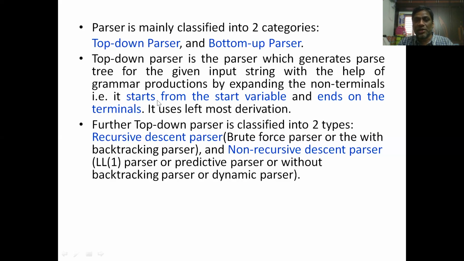Therefore, this top-down parser tries to generate the corresponding statement. Terminals is nothing but the corresponding statement in the programming language. Let us say int a comma b is a statement. If it can produce int a comma b by starting with the start variable of the context-free grammar specified for C language, then it means int a comma b is a valid statement in the language.